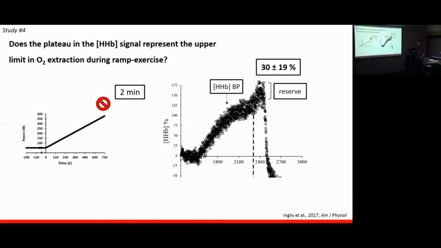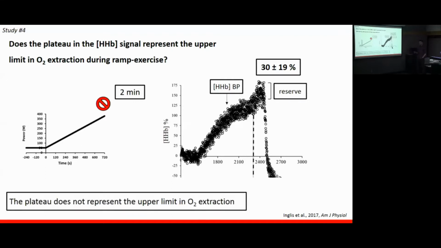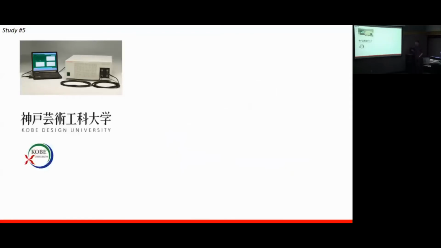So I had the opportunity to go to Japan for the follow-up study. So yeah, this is the conclusion. And in Japan I had the opportunity to use this NIRS, which is slightly more powerful than the one that we have in Calgary.